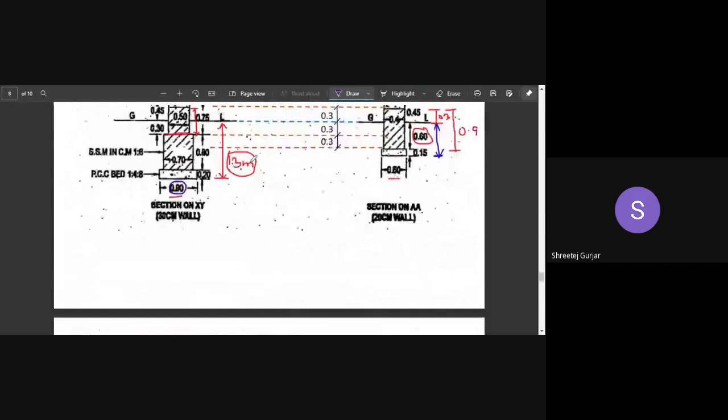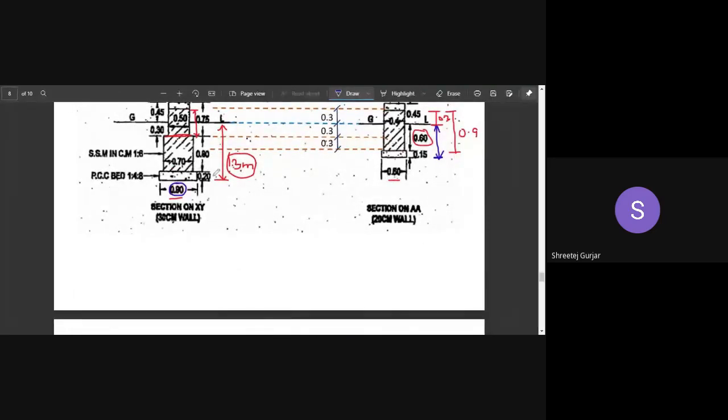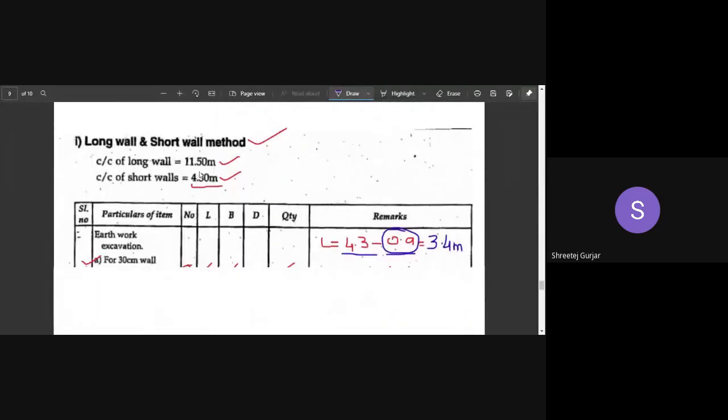Then the thickness of your PCC bed, let us see how much it is. It is 0.2, so you have to write 0.2 here. Multiplying number into L into B into D, we get the quantities of PCC bed concrete in meter cube.